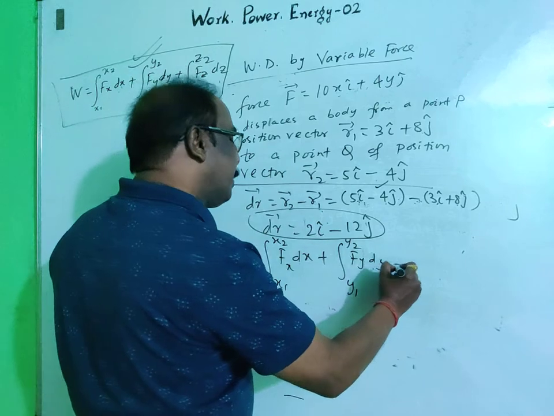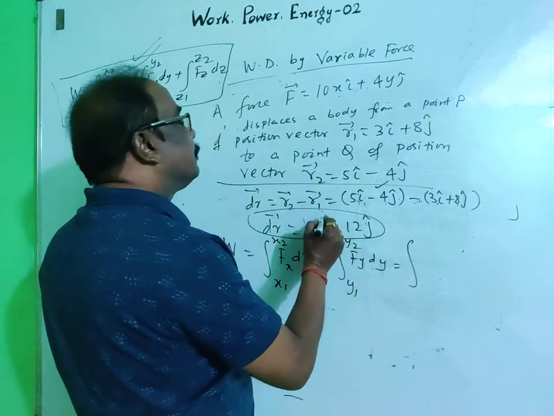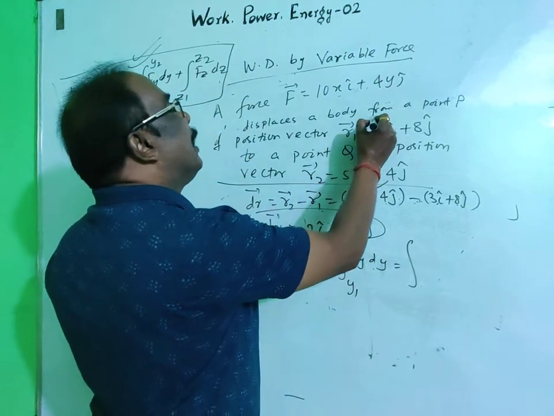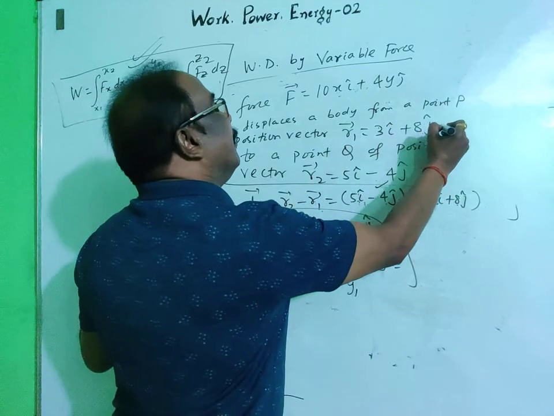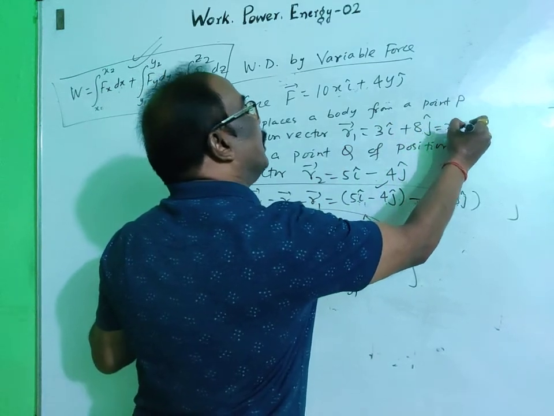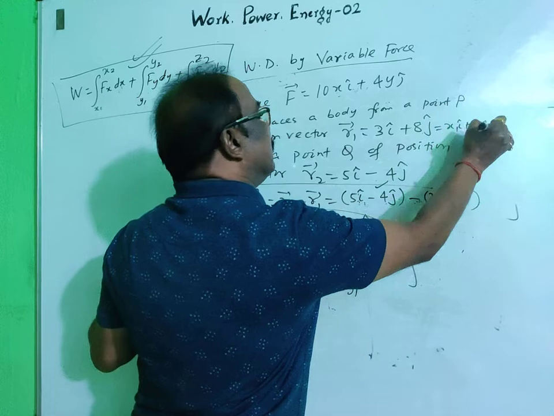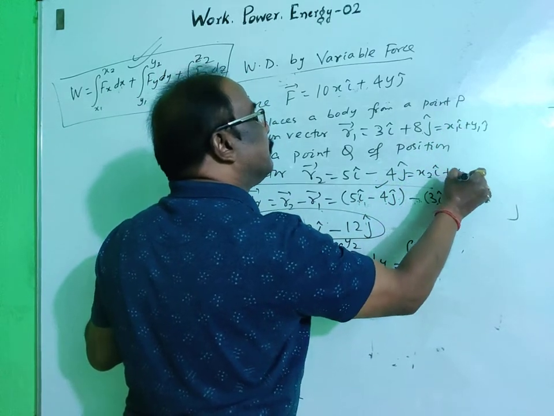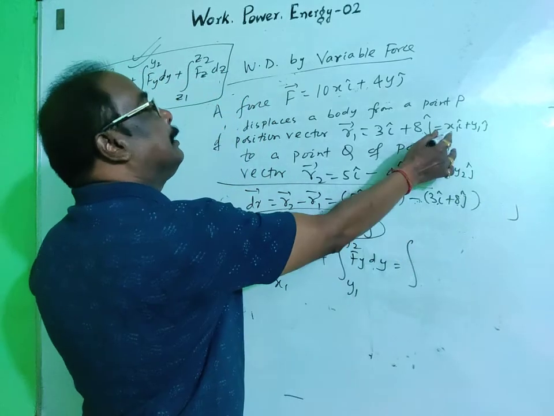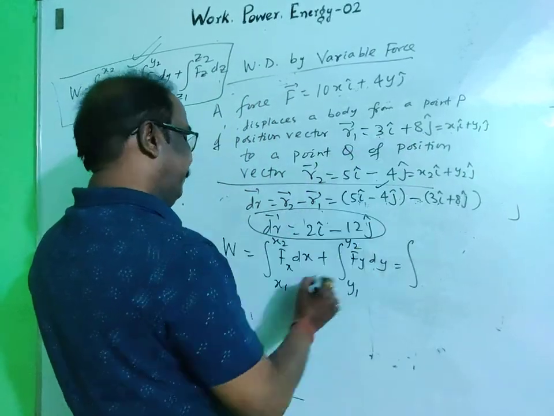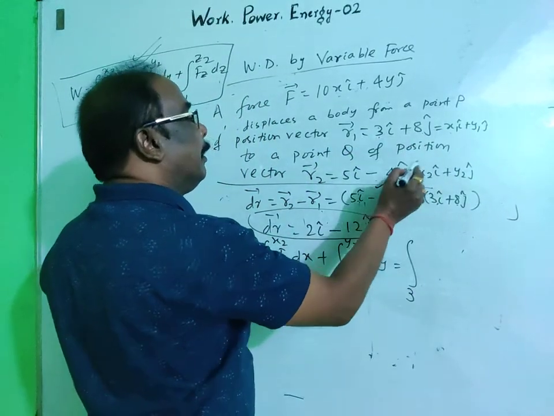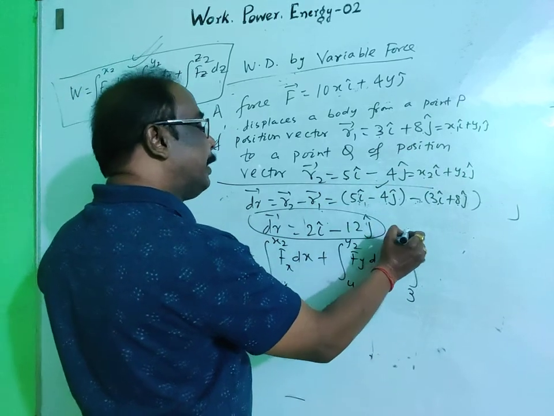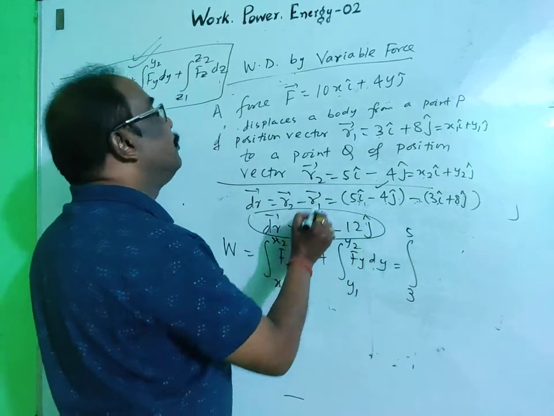I'll write in this form: the expression of R1 is x1 i cap plus y1 j cap, and for R2, x2 i cap plus y2 j cap. Then x1 is 3 and x2 is 5.